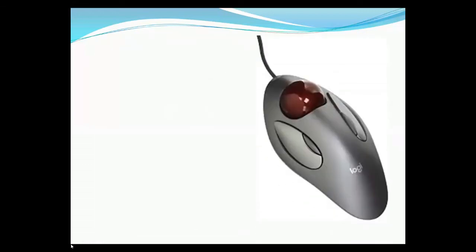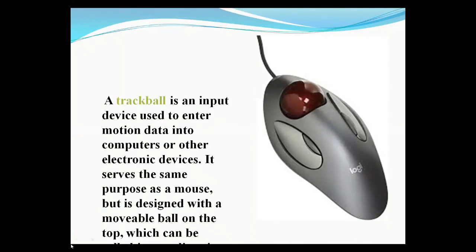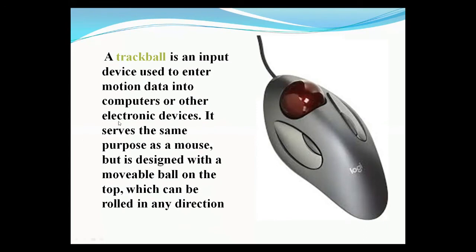Now, the third one is, is there anyone who can tell me what this is? Good. Trackball. A trackball is an input device used to enter motion data into the computer or other electronic devices. Okay, this is also an electronic device. It serves the same purpose as a mouse. It is similar to a mouse, but it is designed with a movable ball on the top.